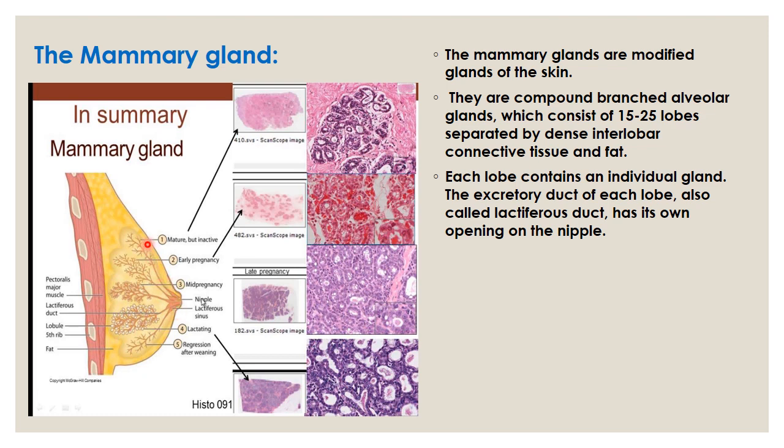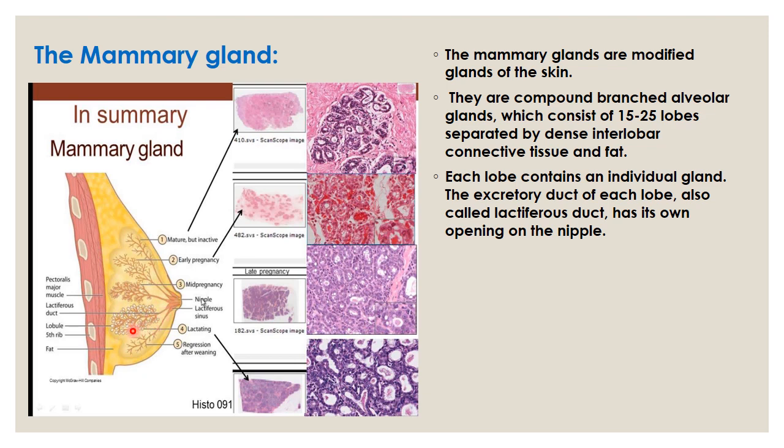Now, there are different phases of the development of the mammary gland. You can see here in this lobe the inactive state of the mammary gland. You can see a small amount of alveoli, and these are surrounded by a lot of stroma. Now, in early pregnancy or mid-pregnancy, the alveoli branch rapidly, proliferate, and enlarge in size.